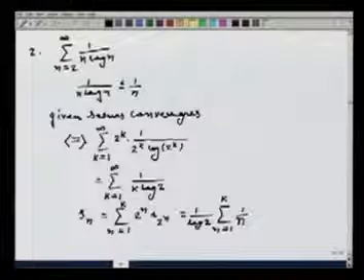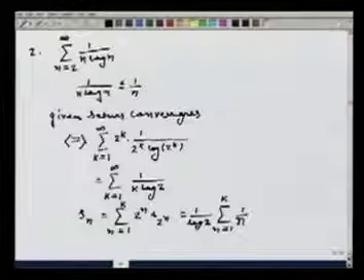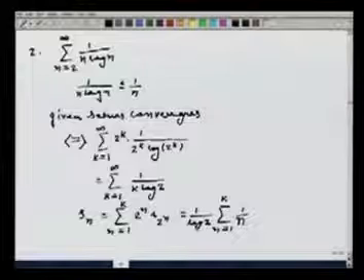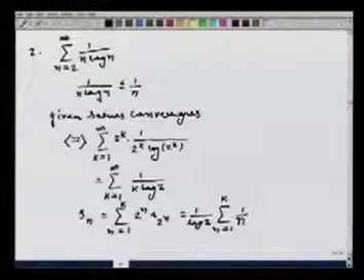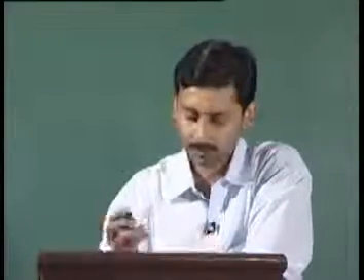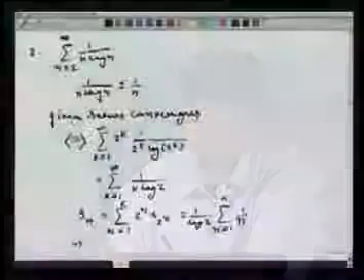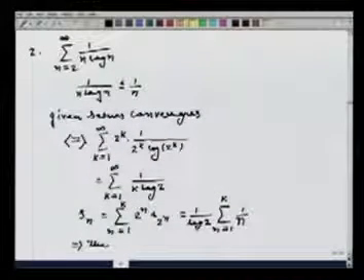Now we know that this diverges because this is just the partial sums of the infinite series of 1 by n, and hence the partial sum does not converge. That implies the given series does not converge.